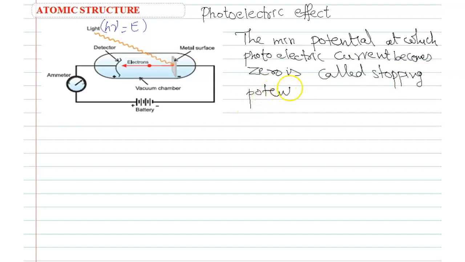So the minimum potential which makes the photoelectric current zero is the stopping potential.